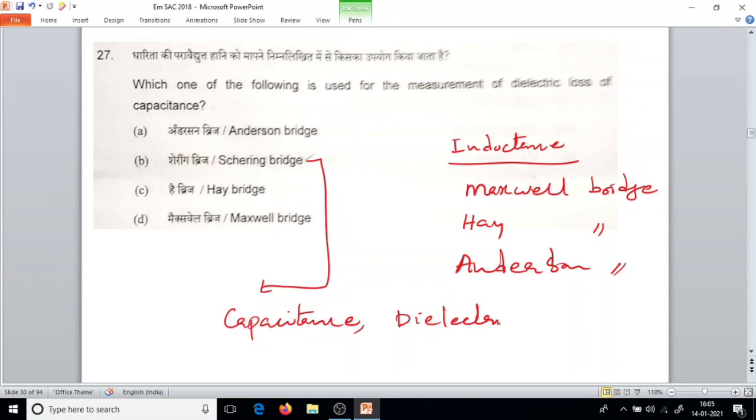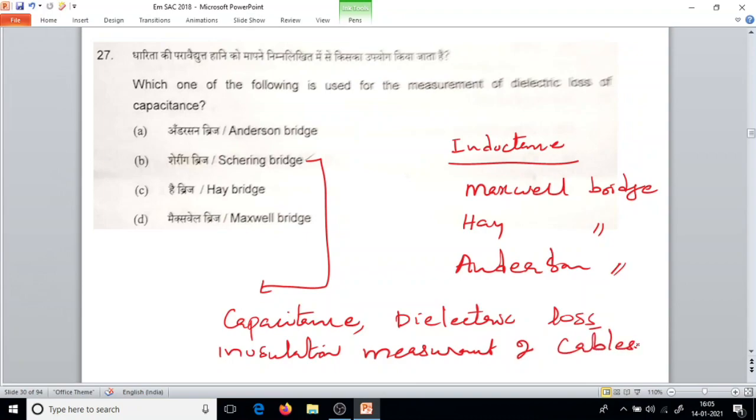It is used to make the insulation measurement of cables also. Schering bridge is mainly used to measure the capacitance and the dielectric loss of a capacitor, and it is used to measure some cables also to find the insulation.